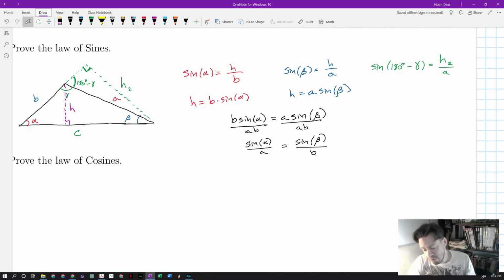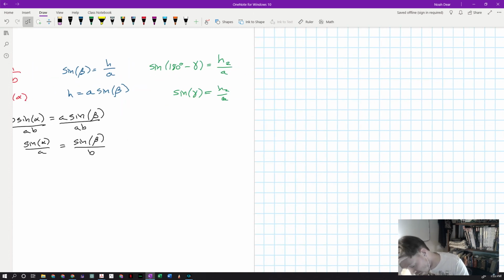Now, there's a couple of different ways of seeing this, but I think just saying there's a rotational identity where sine of 180 degrees minus gamma is just sine of gamma. I will explain that a little bit. This does work out just fine. So if I have an angle, so I'm on my unit circle, let's draw a circle.